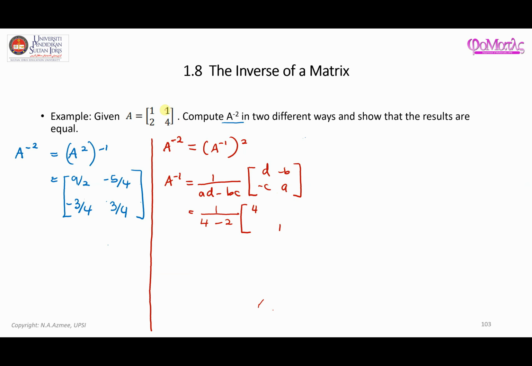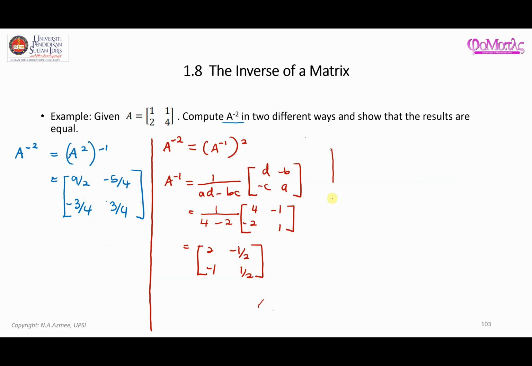And then here we assign the negative signs, so -1, -2. Therefore, the inverse of matrix A is 1 over 2, and the matrix can be 4 over 2 is 2, -1 over 2, -1, and here will become 1 over 2. So this will be the inverse of matrix A.